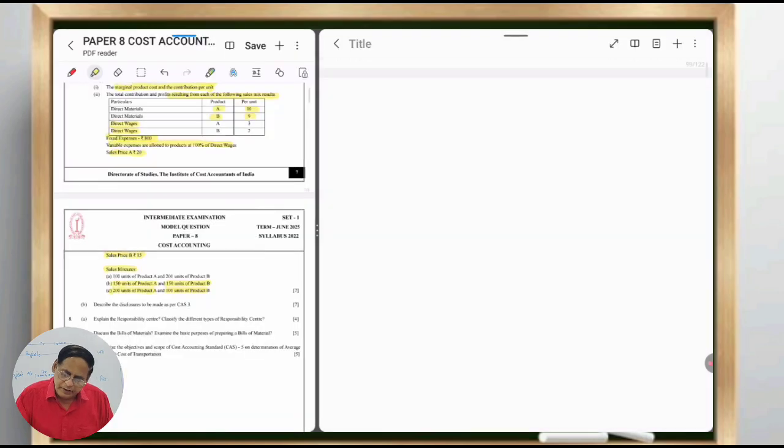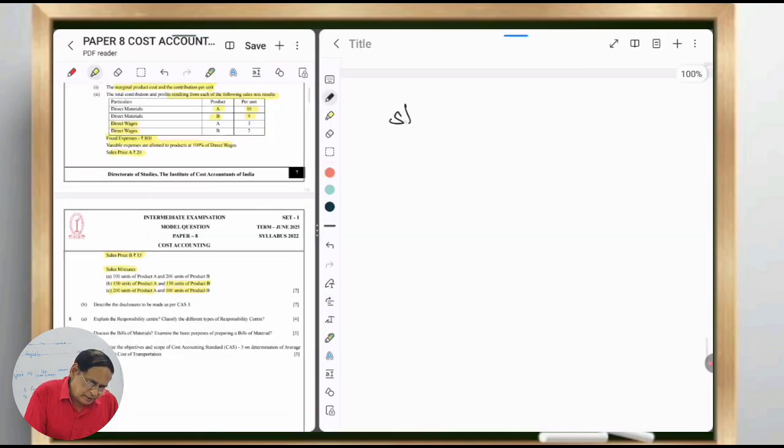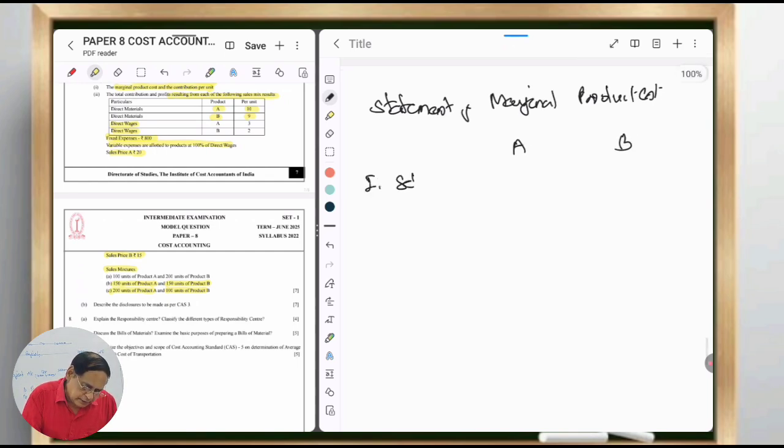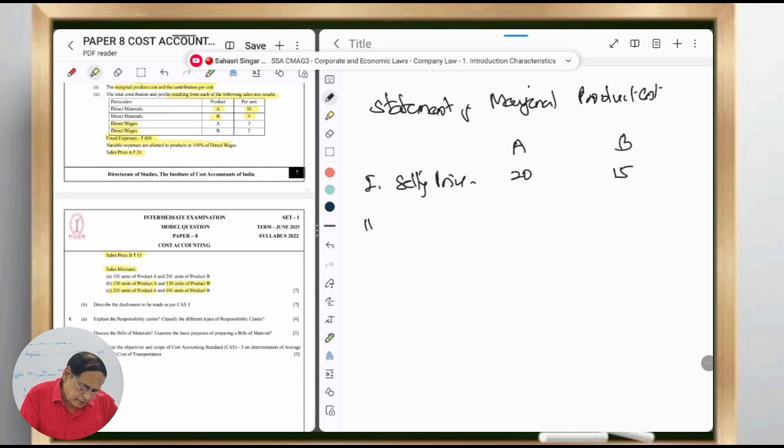So here is the statement of marginal product cost. There are 2 materials, material A and material B. The selling price is given in the question paper: 20 rupees for A and 15 rupees for B. Then the variable cost.